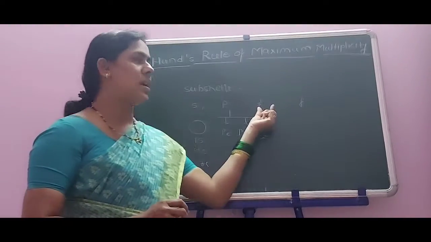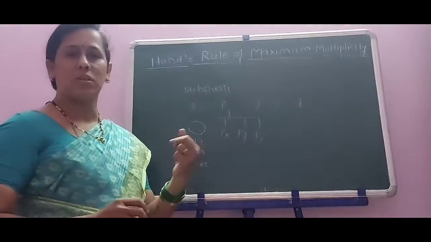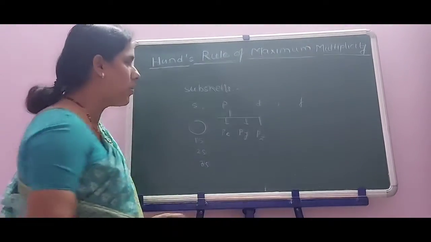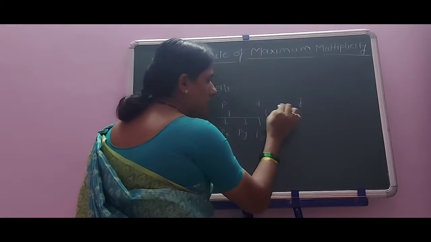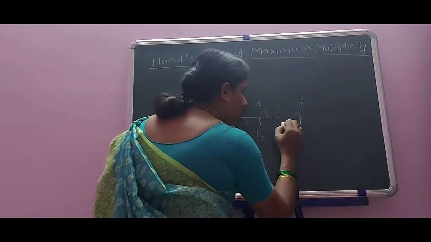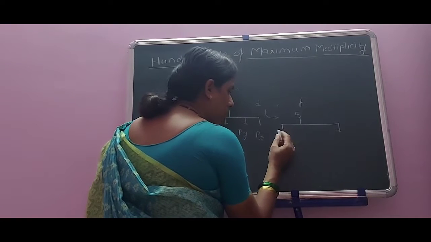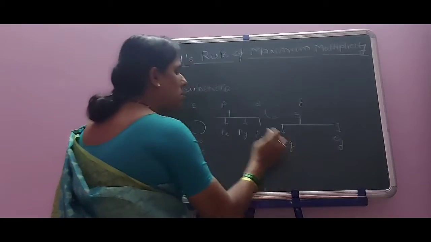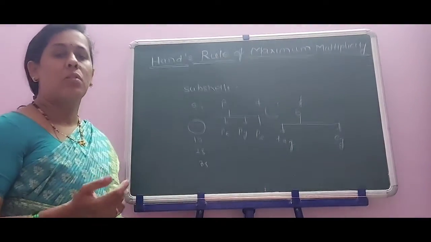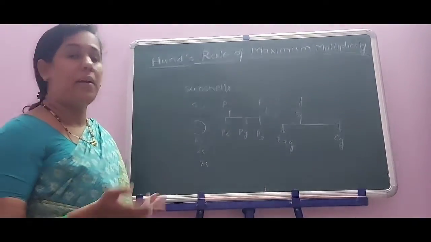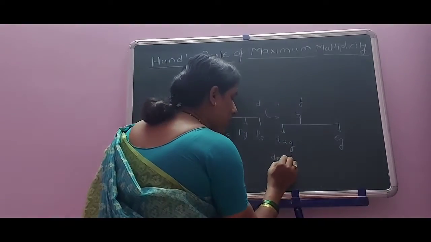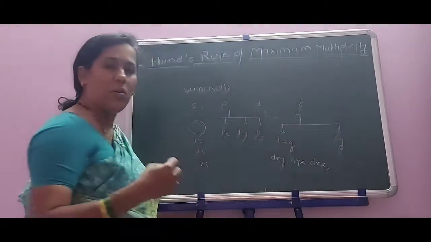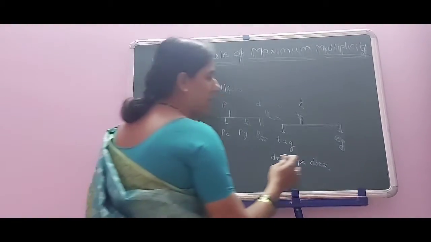The d orbitals are also situated in this fashion. In total, d orbitals are 5, f orbitals are 7. The d orbitals are of two types: first is t2g and second is eg orbitals. t2g means the orbitals which are located between the axes, that is dxy, dyz, and dxz, which we are going to see in the next lecture, how the orbitals are located.